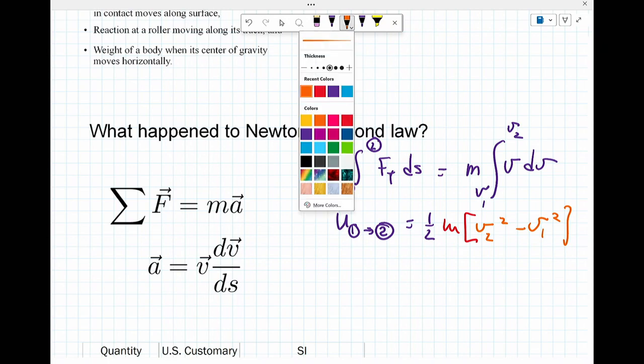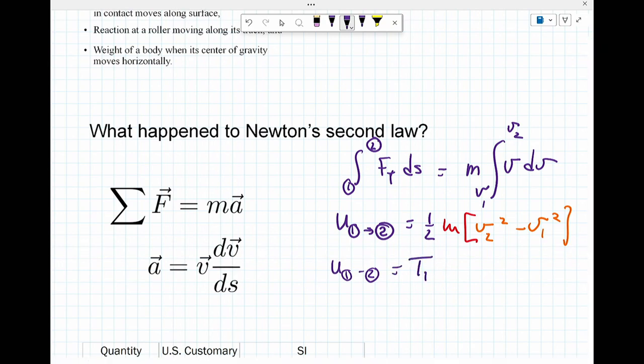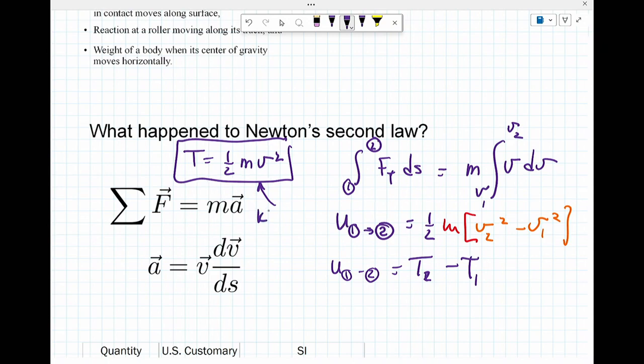So if I do work 1 to 2, it's equal to T2 minus T1. And T equals 1/2 mv squared. So that's my kinetic energy.